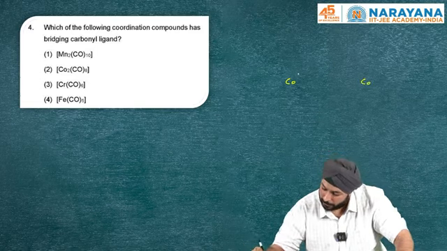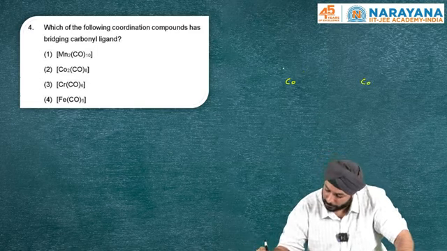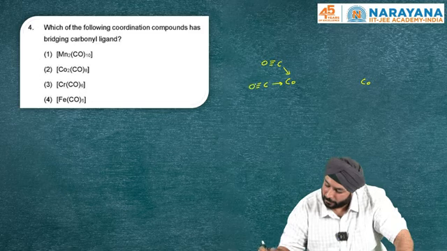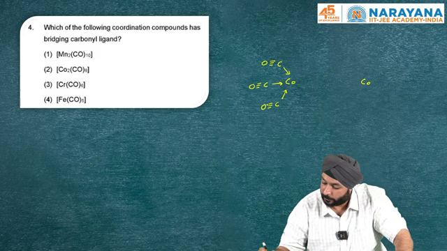This cobalt is having the CO, 3 carbon monoxide molecules which are acting as normal ligands, where they are donating their lone pair to the central atom this way.